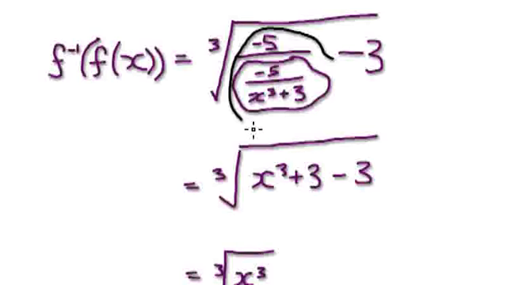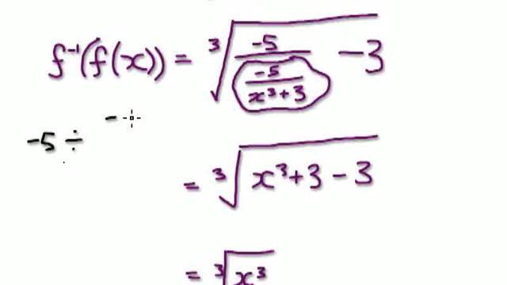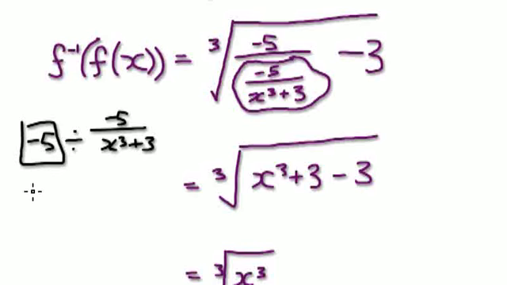So it's just a matter of tidying up. So here, try to tidy this up. So somewhere on a blank space, do this. You've got a fraction within a fraction. So try and tidy this up. So you have -5 divided by -5 over x to the power 3 plus 3, and then turn this into a fraction.